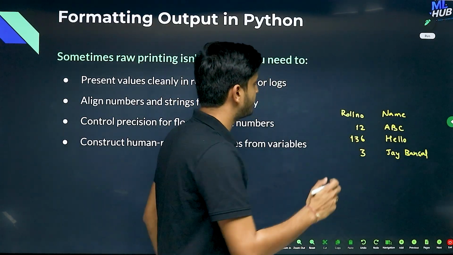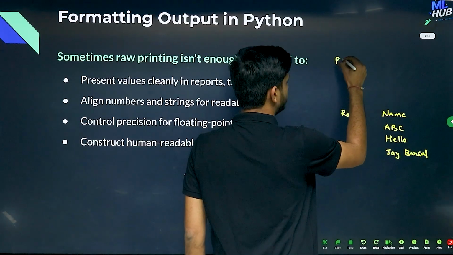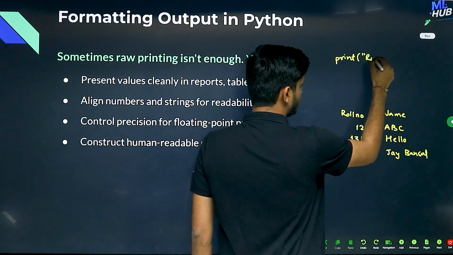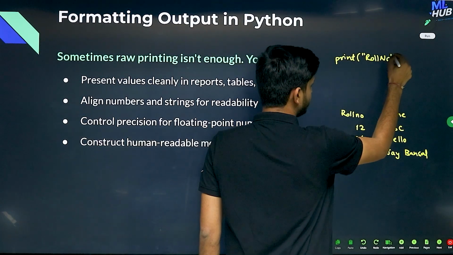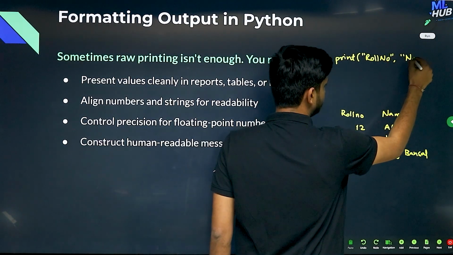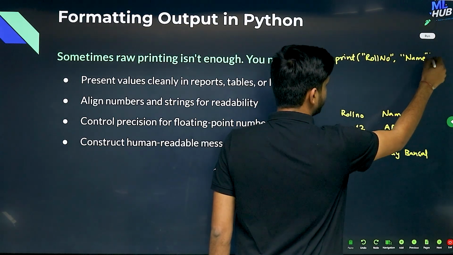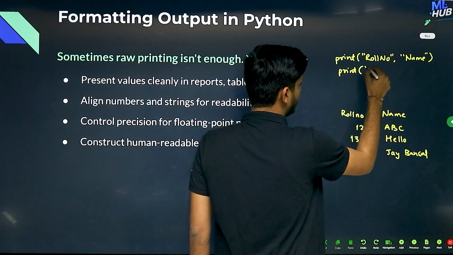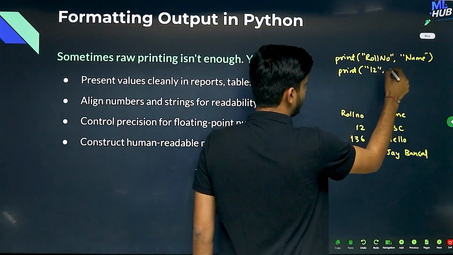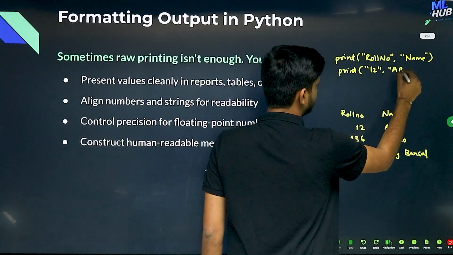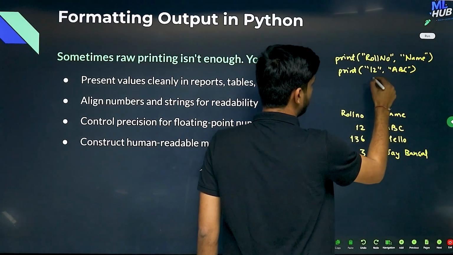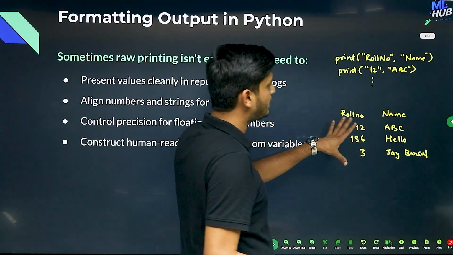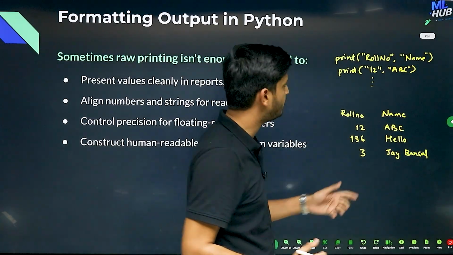See, if I just run the print command like this, print roll number and the name, and then I write print 12 and ABC and so on. I write it like this. Then I will not get the output in this beautiful format. Instead, what will happen?